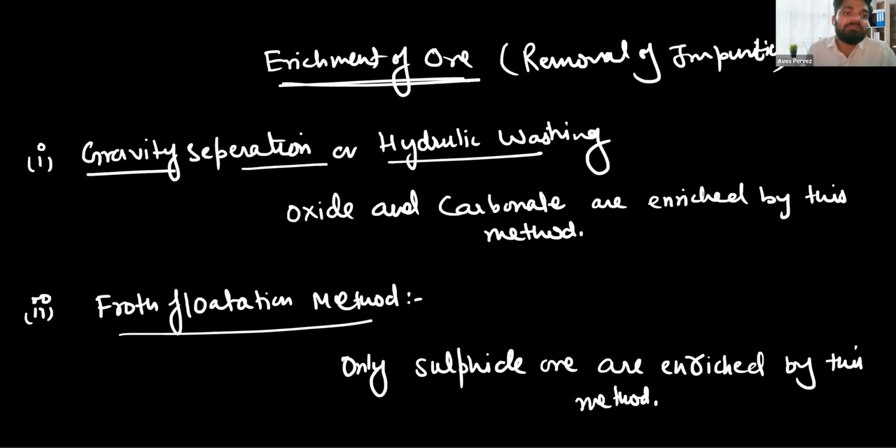Next is magnetic separation. In magnetic separation, we have a roller like this, another roller like this, and one of them is a magnetic roller.